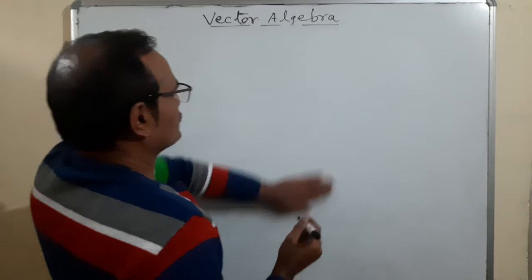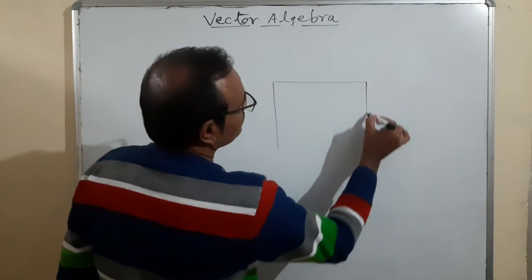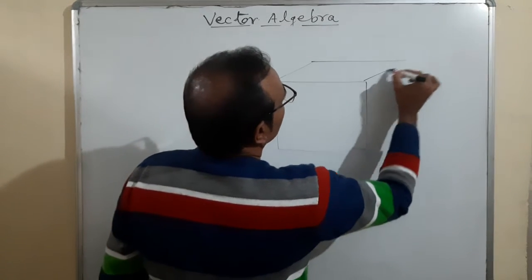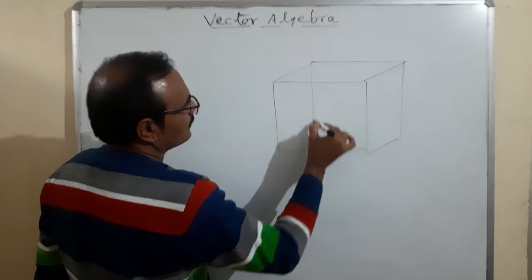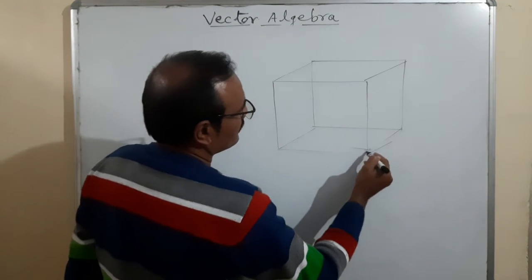Direction cosines. Again we'll have to make a cuboid.